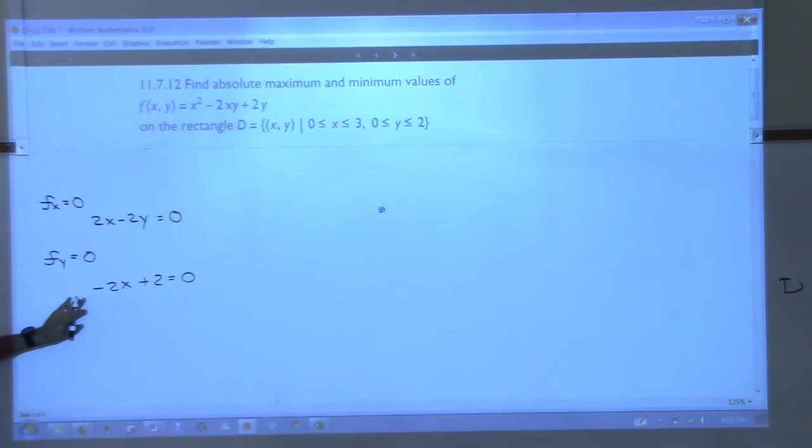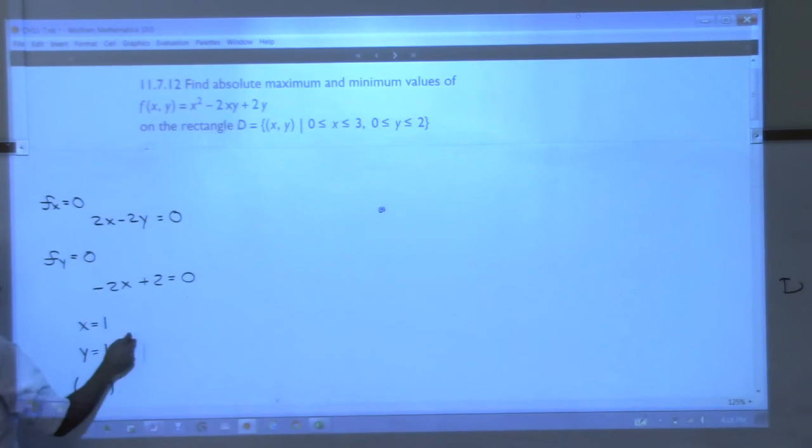X is 1. Once I know that x is 1, I can go back up to this one. I think we get y is 1, right? So do I need to show that work, or are y'all okay with that? X is 1, y is 1 makes that true and that true at the same time. Do I need to show it or not?